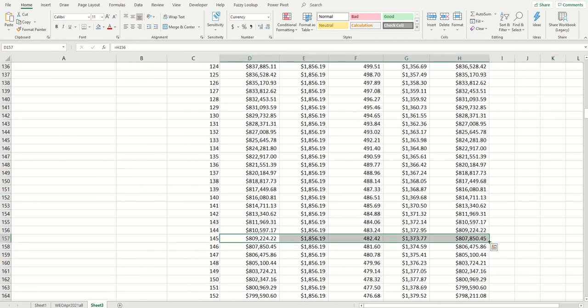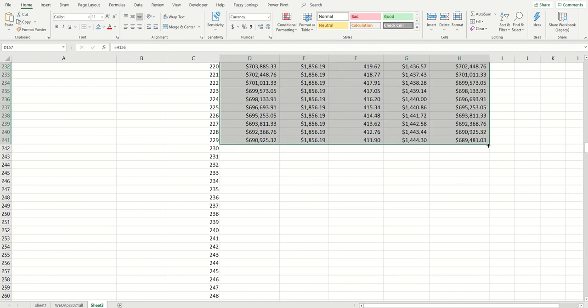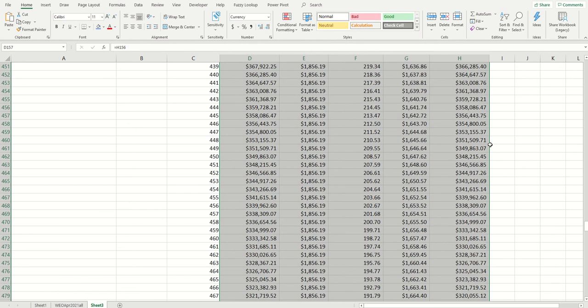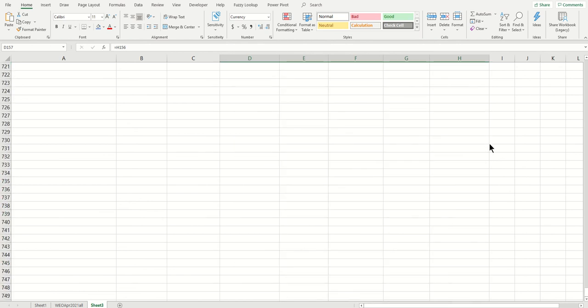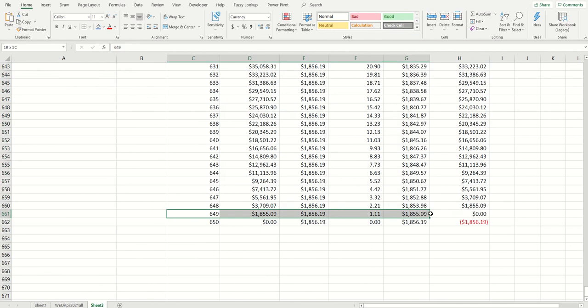Double clicking on the right corner will copy it down, but it will stop at the first stoppage, which will be where your last data was. Do it again. It will go all the way to the end. Okay, and I see it became 0 at the 649th.